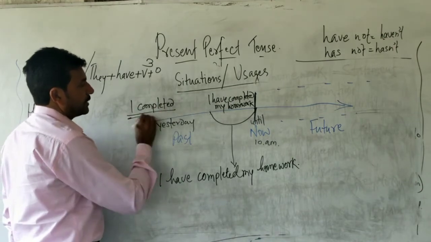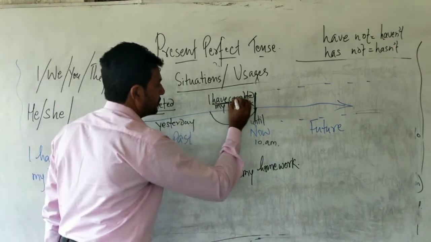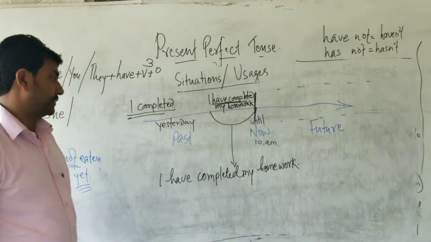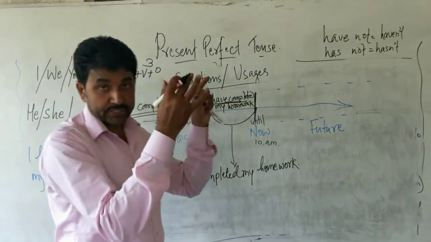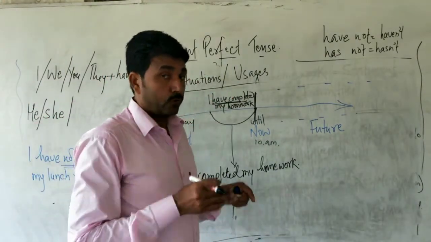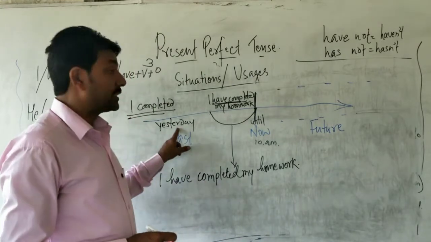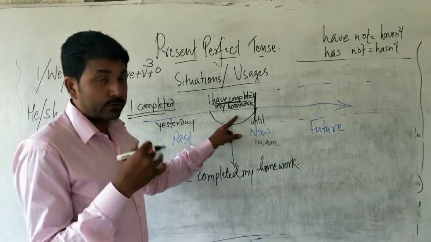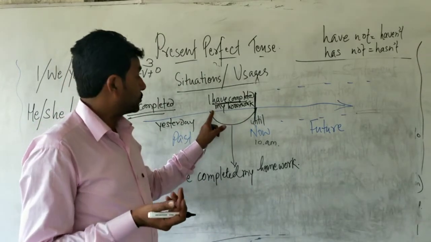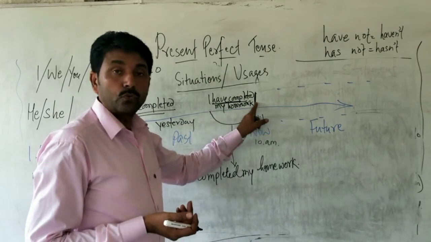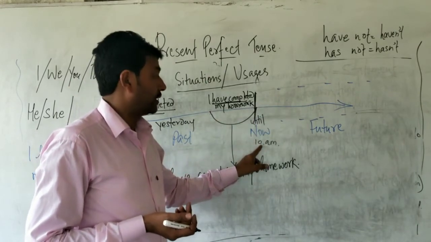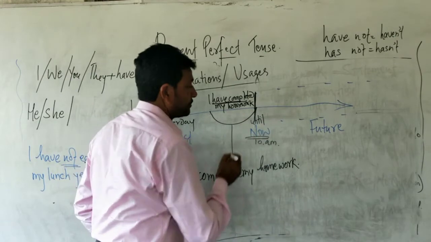Here it will be I completed, and here I have completed. This is the difference. Here the time is finished and we know the time, it is yesterday. But here we don't know the time, so it has a relation with until now, with now.